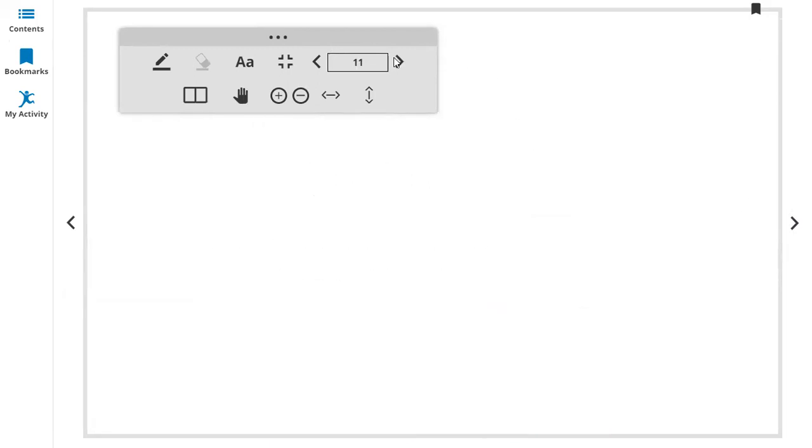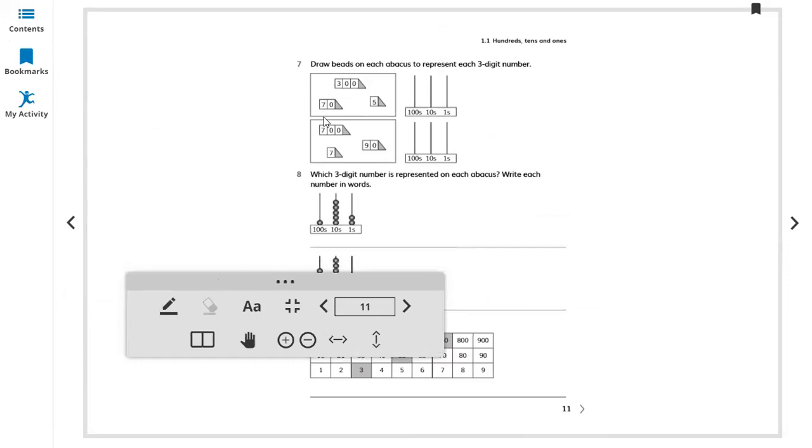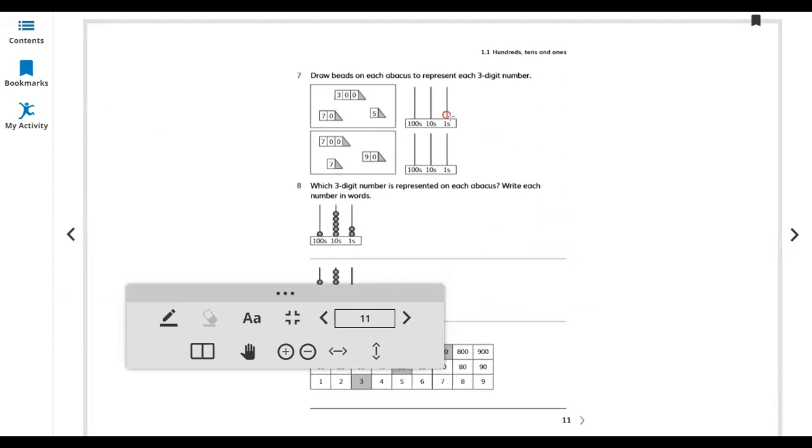Let's move to the question. We have here 375. So same like previous, let's draw the circles. First of all at ones place value 5: 1, 2, 3, 4, and 5.